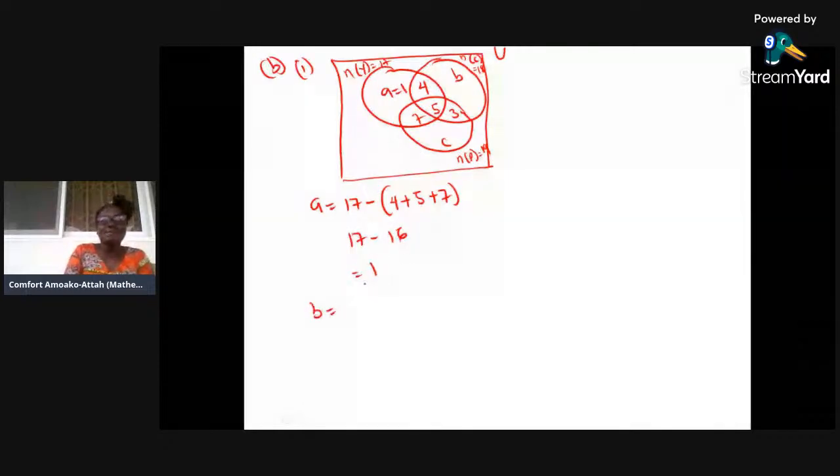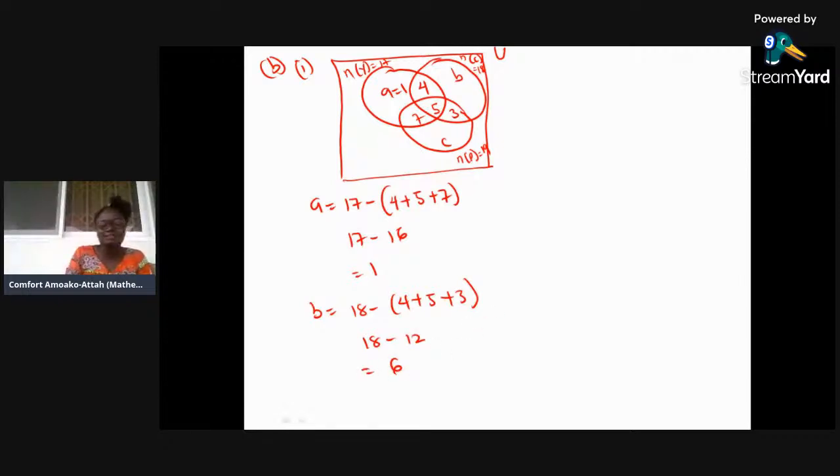Then B equals 18 minus (4 plus 5 plus 3). We have 18 minus 12, which is giving us 6.